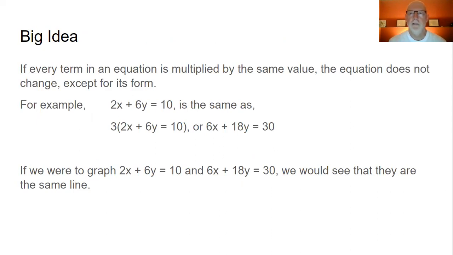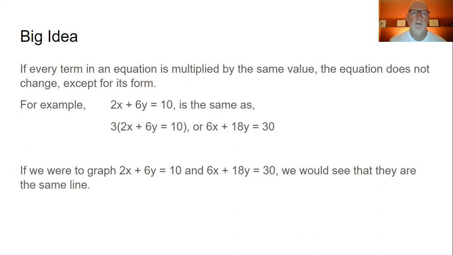Now, my example here doesn't have fractions in it, but just to show what I mean, if we have an equation such as 2x plus 6y is equal to 10, then we multiply each of those three terms by a number, and I just arbitrarily picked 3. We then get 6x plus 18y is equal to 30.